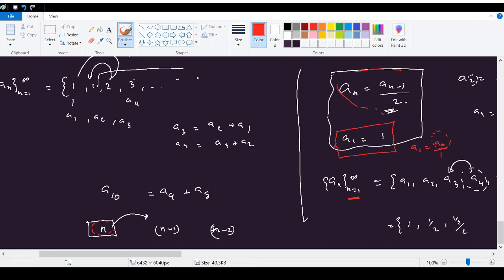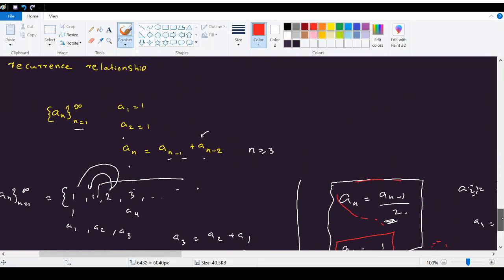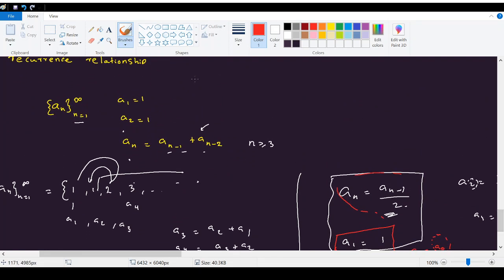To compute n, we need n minus 1 as well as n minus 2, and the reason for mentioning this sequence is that if we write down a couple of numbers, it will be like this, okay? And this specific sequence defined in this way has a unique name called the Fibonacci sequence, right?